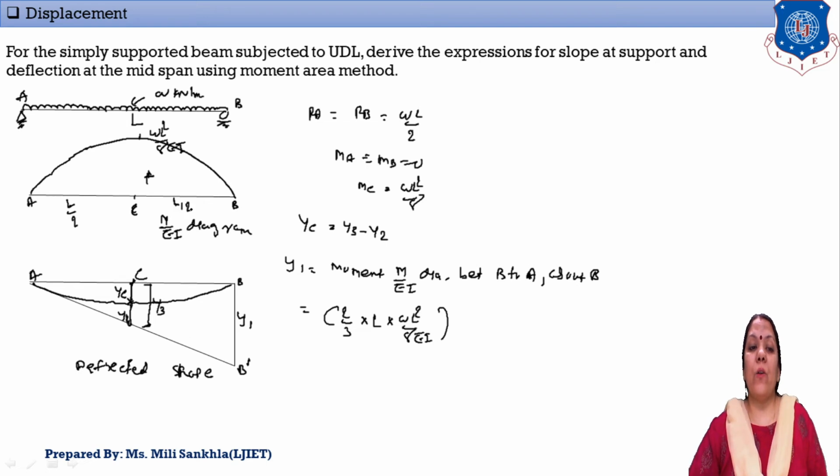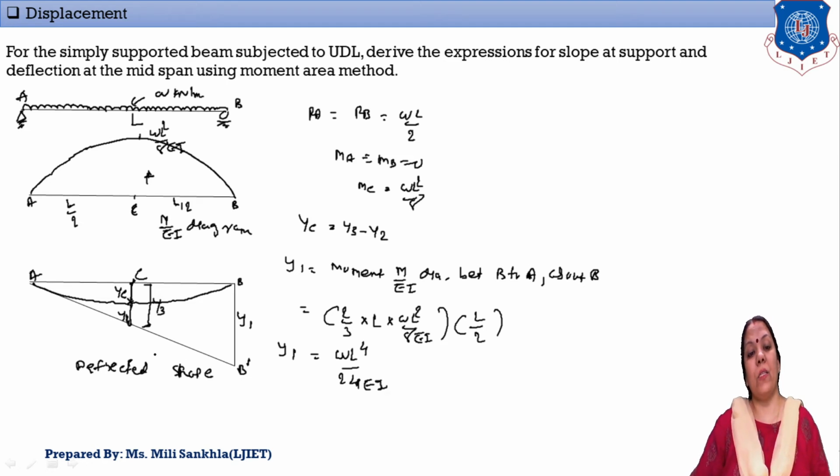The answer is Y1 equals WL raised to 4 divided by 24 EI. From this symmetrical point, this distance is L by 2 and this distance is L by 2. We take similar triangles, Y1 by L is equal to Y3 by L by 2.